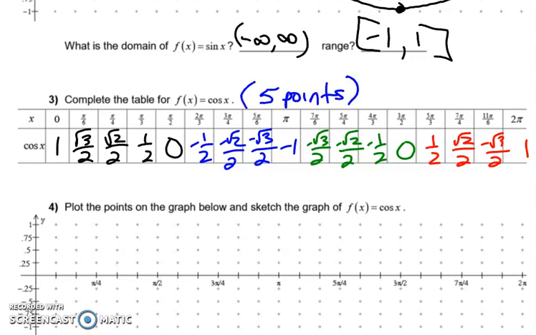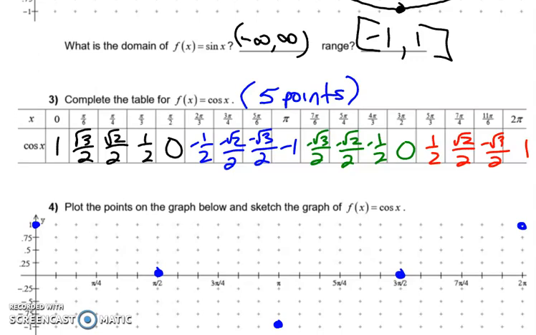Okay? So, unlike sine, where we started with 0, 0, with cosine, we start at 0, 1. Then we go to pi over 2, 0. Then we go to pi, negative 1. 3 pi over 2, 0. And we finish at 2 pi and 1.